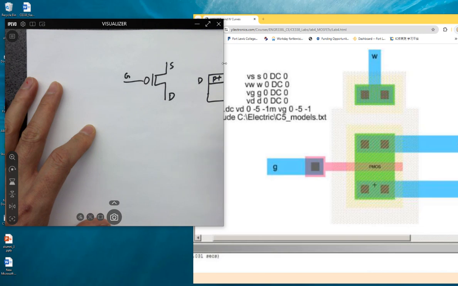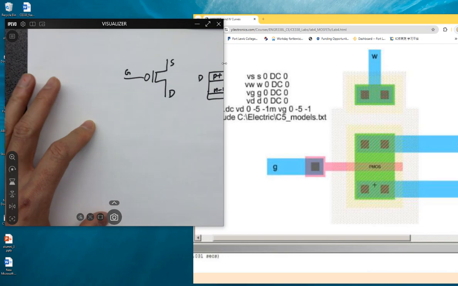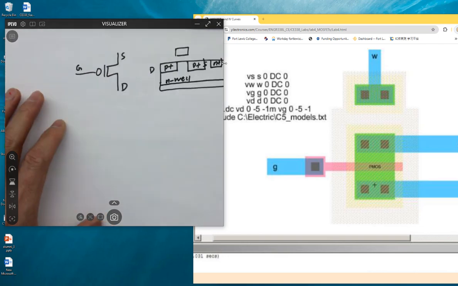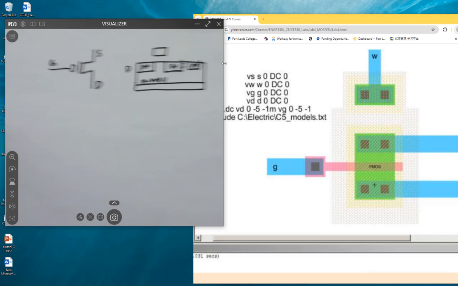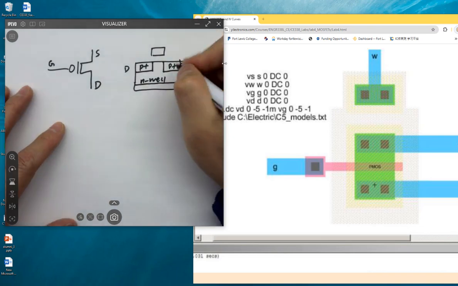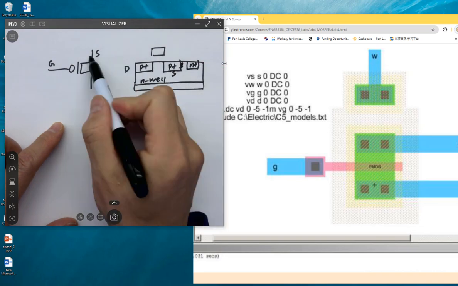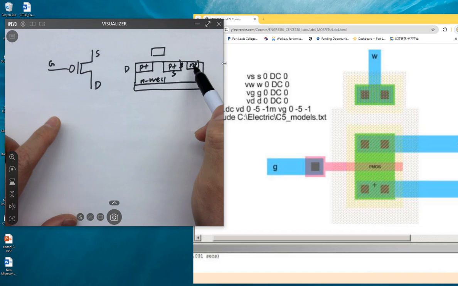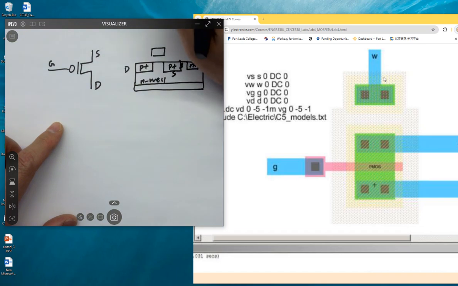Here's source, okay? Here's the N-well. And here's N plus. Here's source, for example. So right next to source, I have an N-well tap, which is this guy.